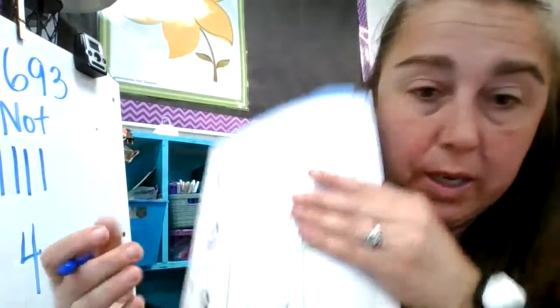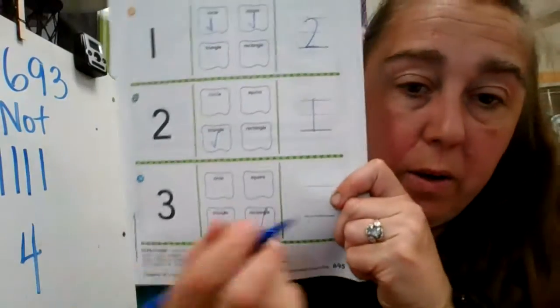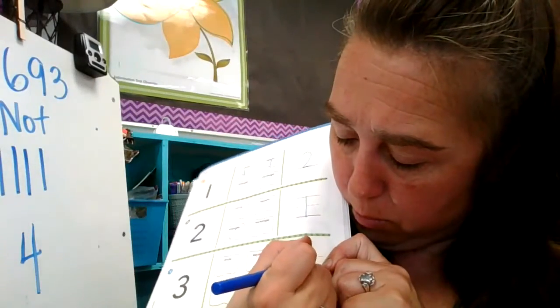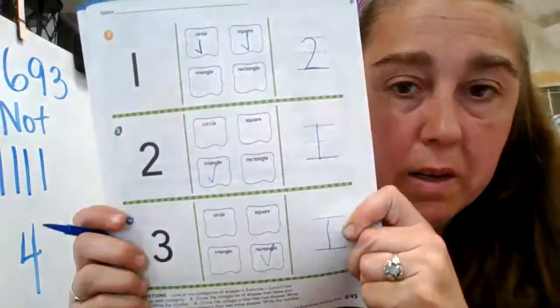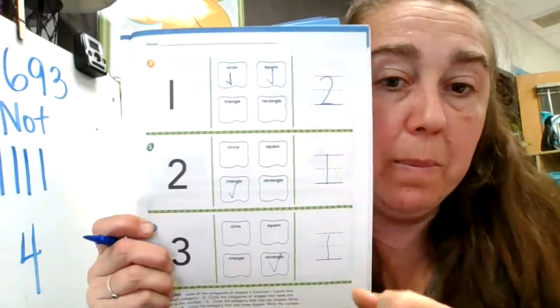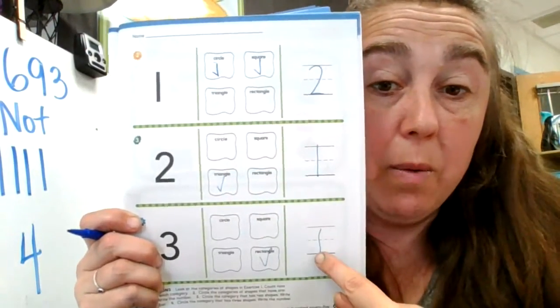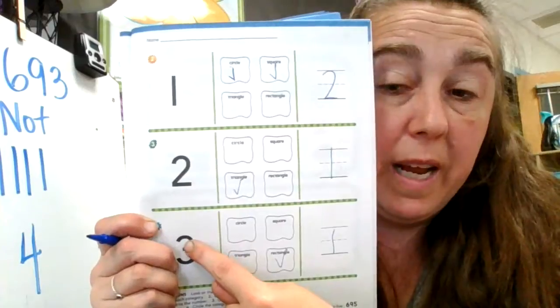Geez, I feel like I'm giving you guys motion sickness. So rectangle, and there was one group of rectangles. So now we can say 2 groups only had one shape. One group had 2 shapes, and those were the triangles, and one group had rectangles that had 3 in them. How cool is that? You guys did a great job on that.